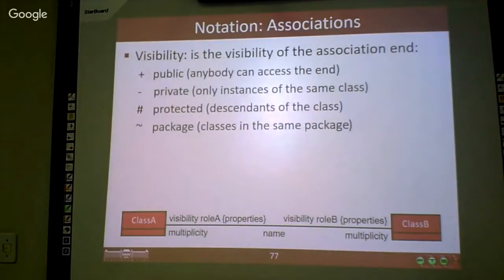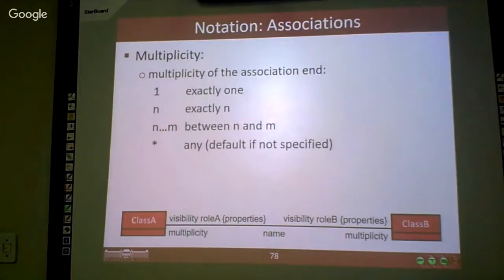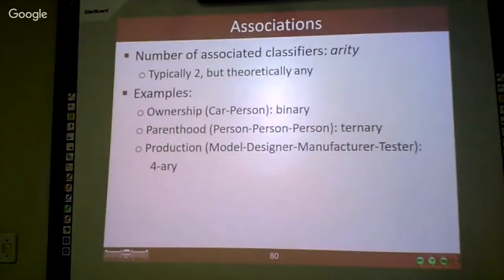And also the associations can have visibility, where we use the same notation as before, so they can be public, private, protected, or package. And their multiplicity that is defined in the end can be exactly 1, exactly n, between n and m, or it can be any. So with the help of this notation, we can define the associations.